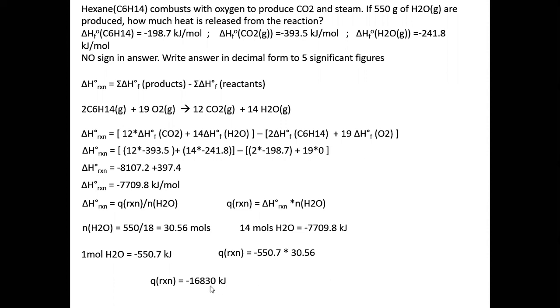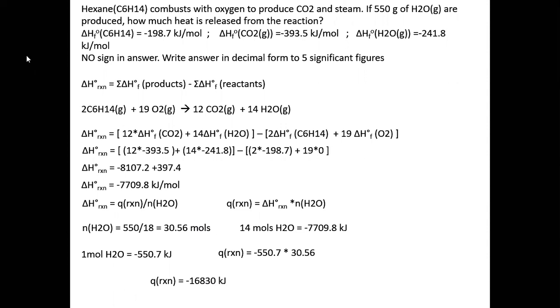So it'd be about negative 16,830 kilojoules. And so in this problem, you didn't have to include the sign, so you could put 16,830. And again, remember the range for the acceptable answers, roughly plus or minus 30. So as long as you're in that ballpark, it would have been correct.